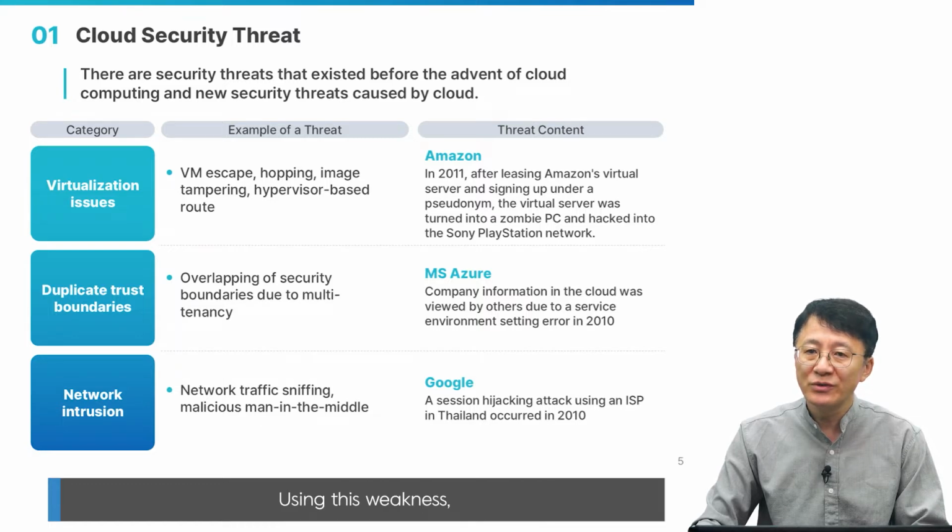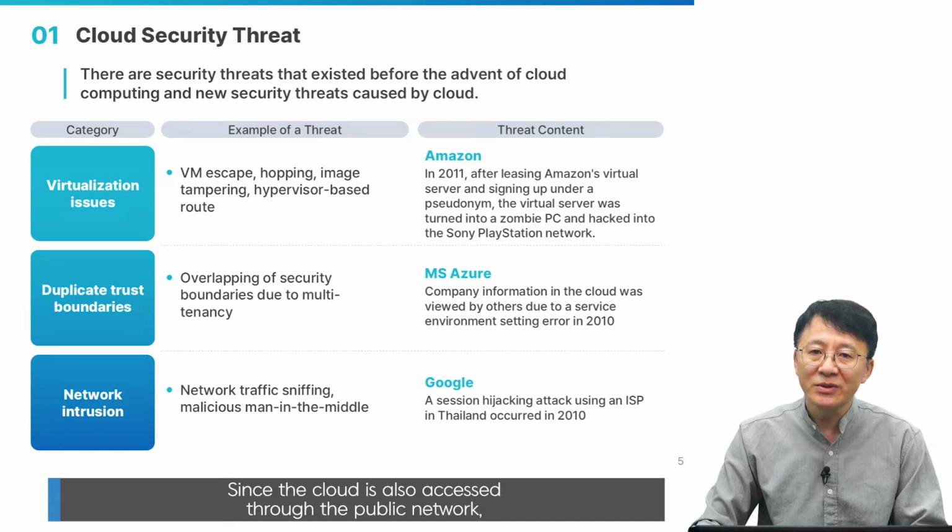Using this weakness, a hacker can use his virtual machine as a route to break into others' virtual machines. The cloud shares resources between tenants by a multi-tenancy technique. However, a user can access other people's resources if even a small error exists in the environment setting.